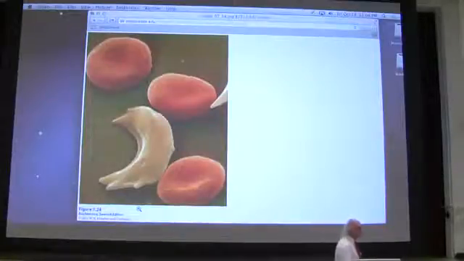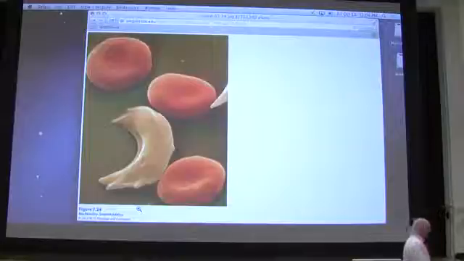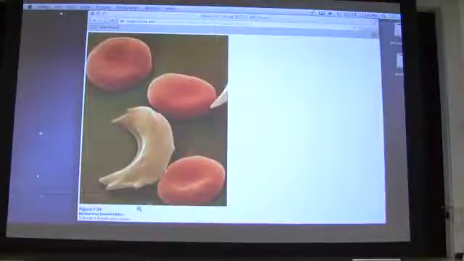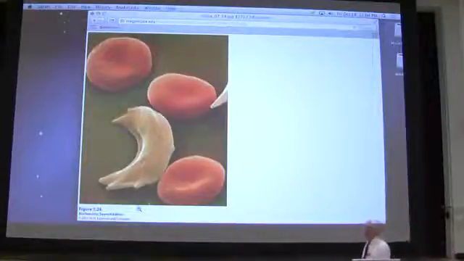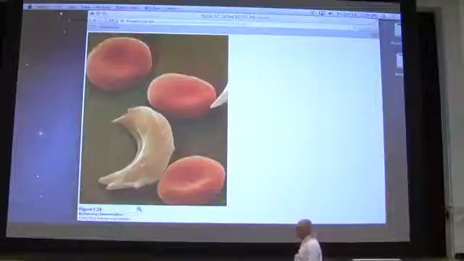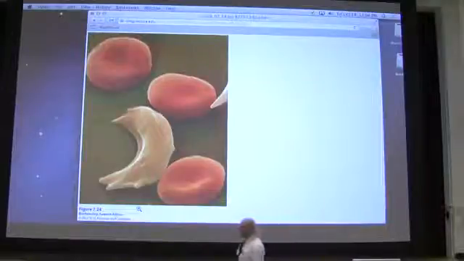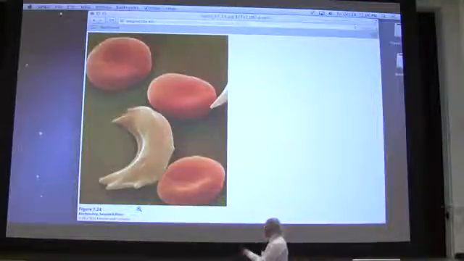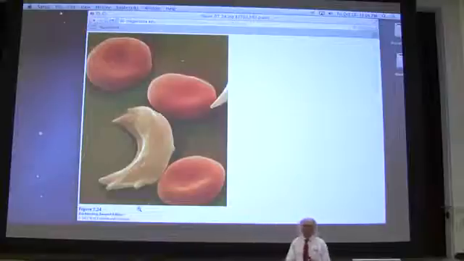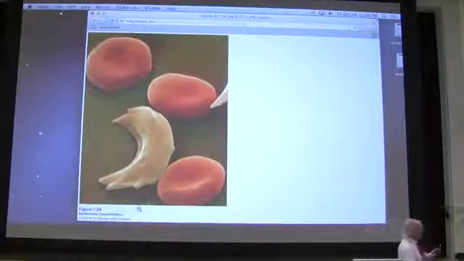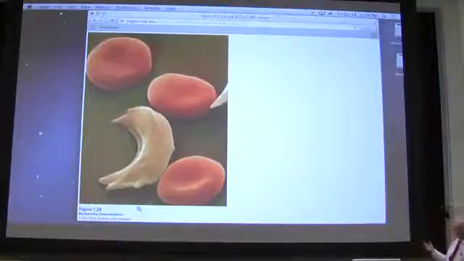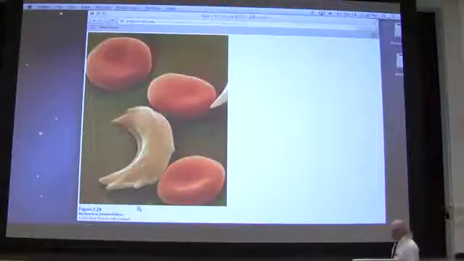The reason the sickle shape forms is because the hemoglobin within this blood cell will actually form polymers. That is, they form long concatenamers of hemoglobin units, one after the other, and change the shape of the cell. In this normal red blood cell that we can see on the right, hemoglobins are individual units. They're not polymers. So these polymers cause this sickling shape to happen.